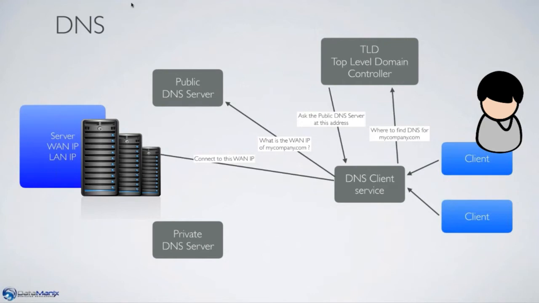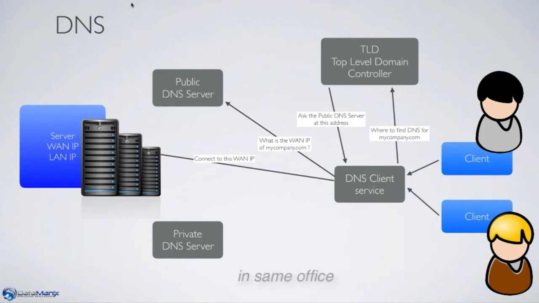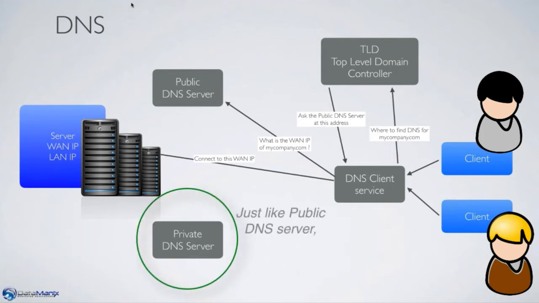Now, if you're sitting inside a local area network, let's say in an office, and you want to connect to mycompany.com, and the server is sitting inside the same local area network as the client, there can be very good reasons to set up a private DNS server, which is a DNS server just like the public DNS server, but it's a server that sits inside your local area network.